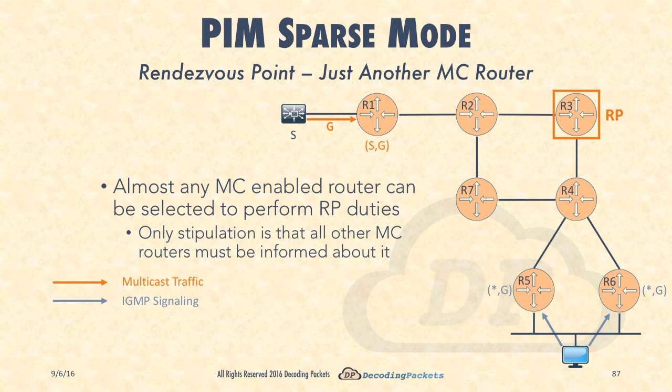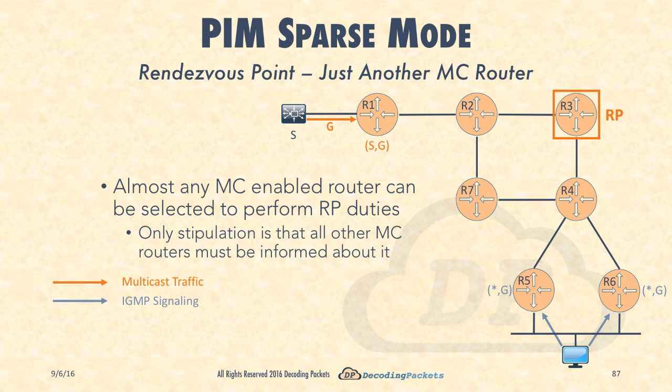Well, the very first thing to do here is to inform R3 of its new duties. So you've selected R3 and you should now go and put some configuration on R3, informing it that it is now the RP for the network and it should really be a little bit more responsible, right? So time to grow up. You're not a normal router anymore, you are an RP and you have these special duties that you need to perform.